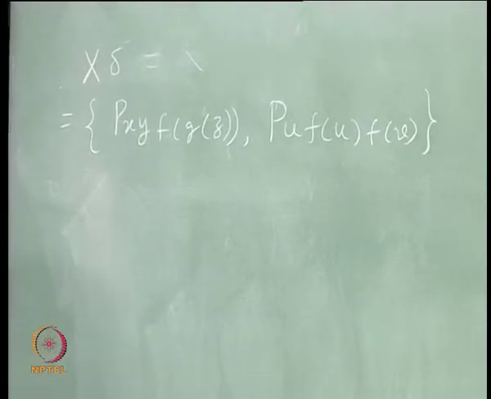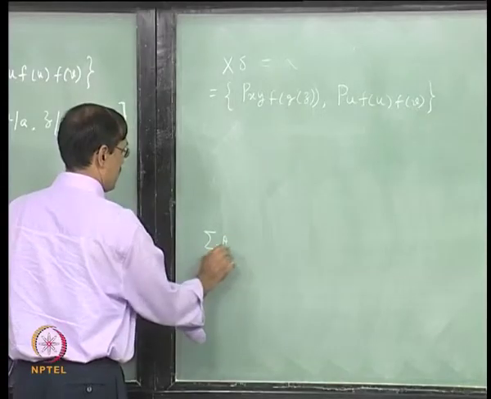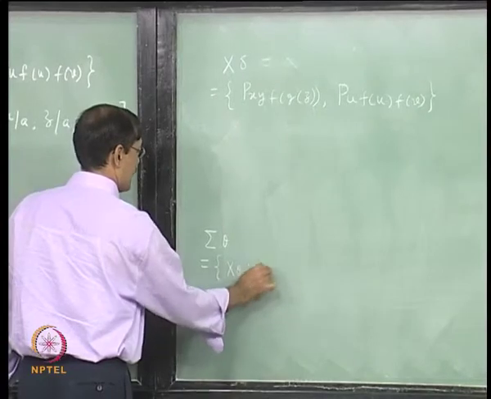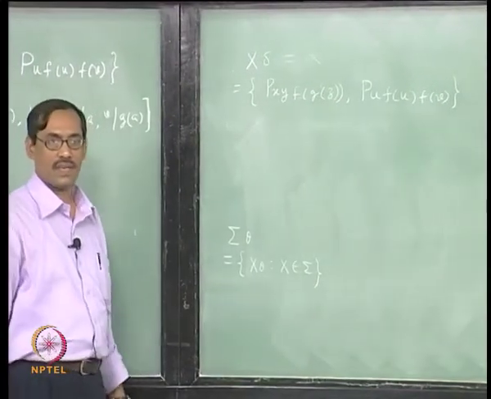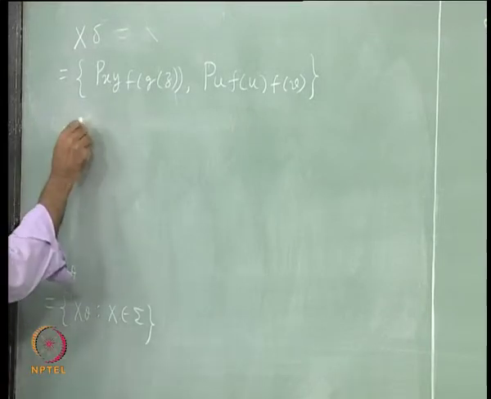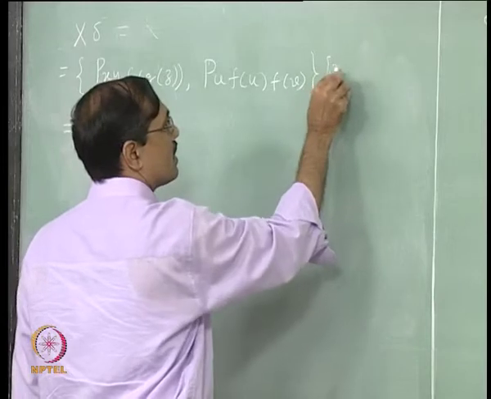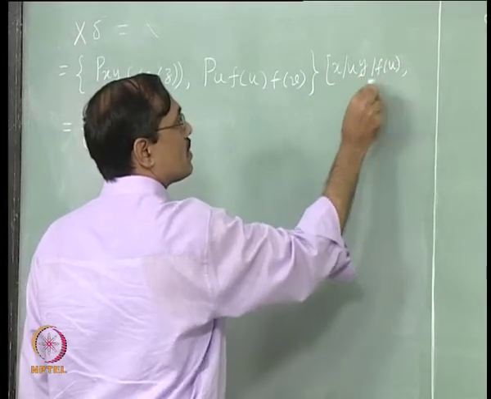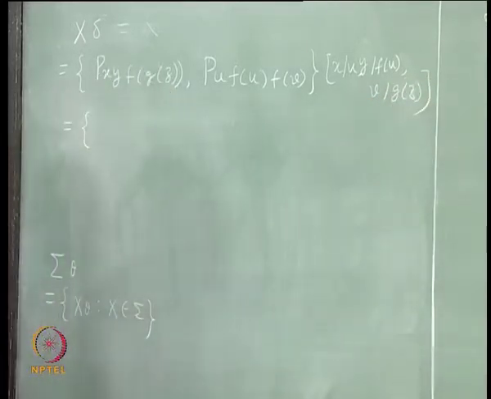Once you have a set and some theta, the set with theta applied will be equal to the set of all x theta such that x belongs to the set. This is the notation we are using, fine. Delta, let us take x over u, y over f of u, v over g of z.